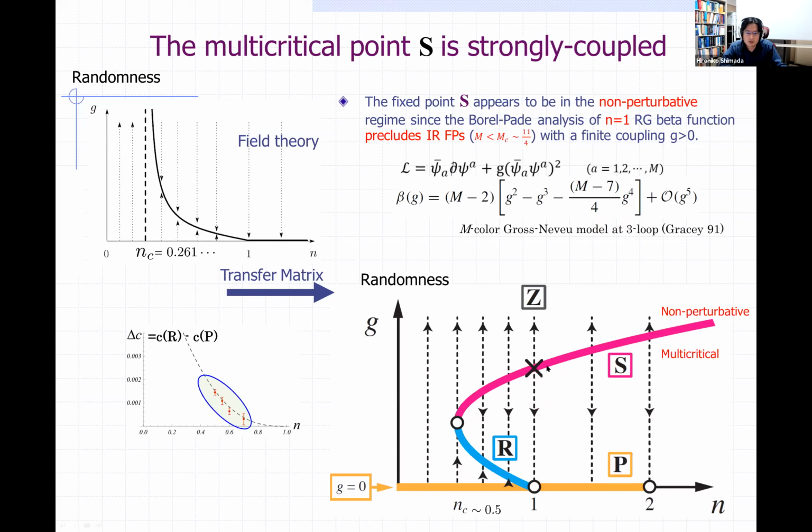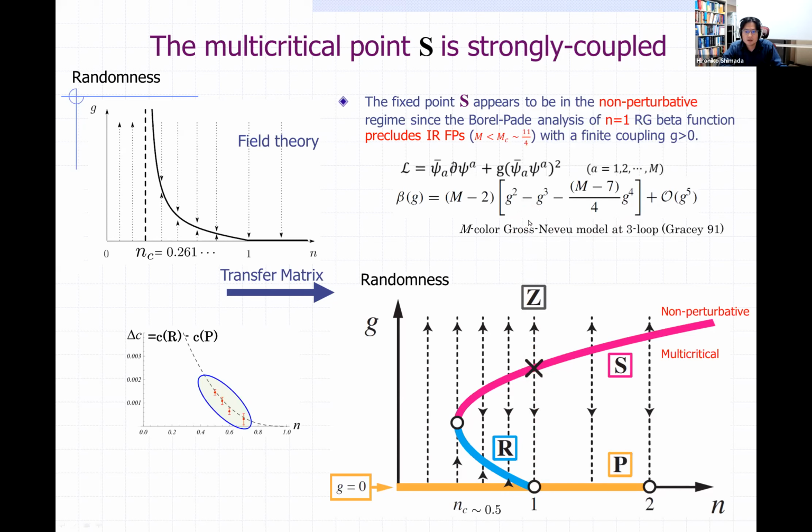So there is or there is not? I missed the claim. So I do the possible Borel-Padé schemes, for instance, (3,1), (2,2), and (1,3). But for every combination of this Borel-Padé analysis, this infinite fixed point disappears.